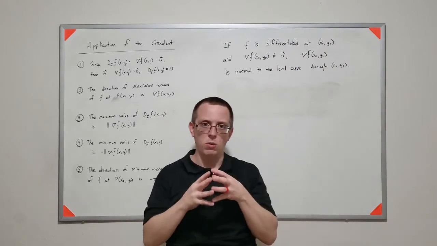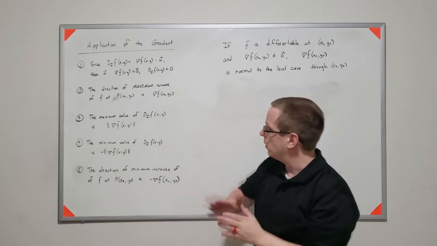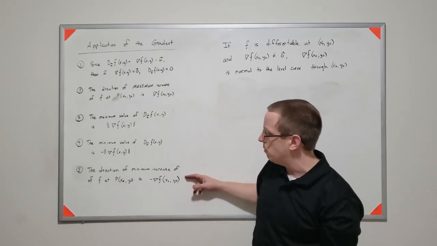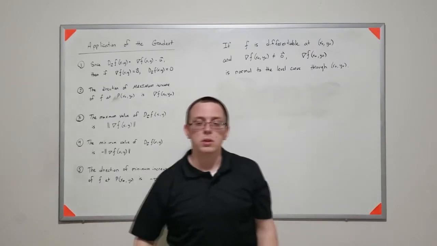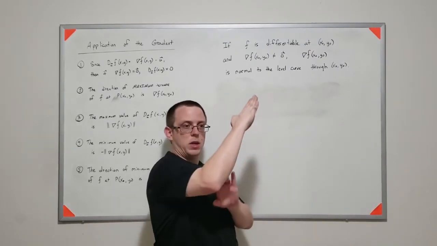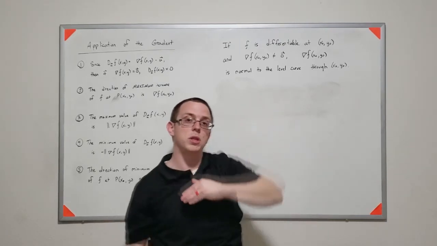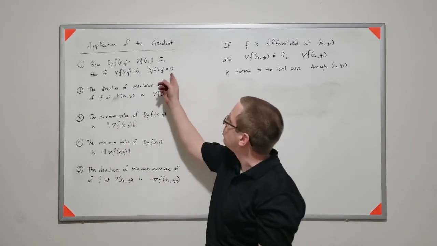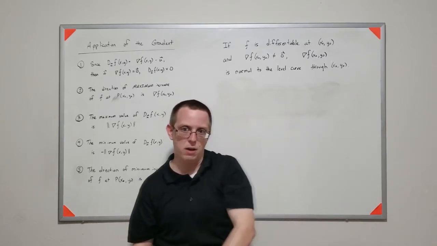And the idea of the gradient works the same. But it also has a similar capability. I'm going to jump down to this one, which is that the direction of minimum increase is in the negative direction of the gradient. So if the maximal increase is here, the negative version goes down. You still end up with the same overall magnitude on that dot product for the directional derivative, but instead of a positive value, it's a negative value.